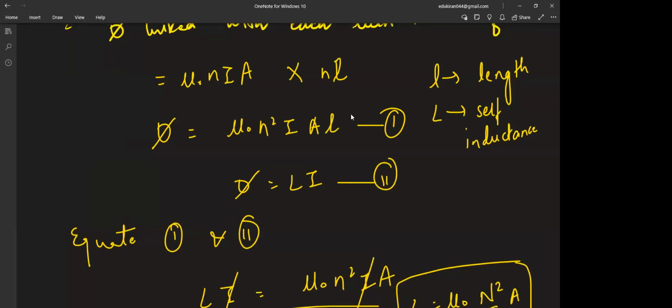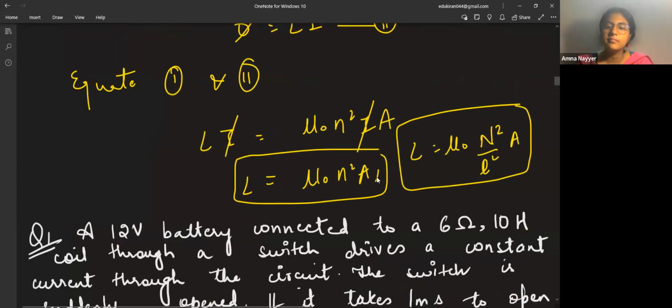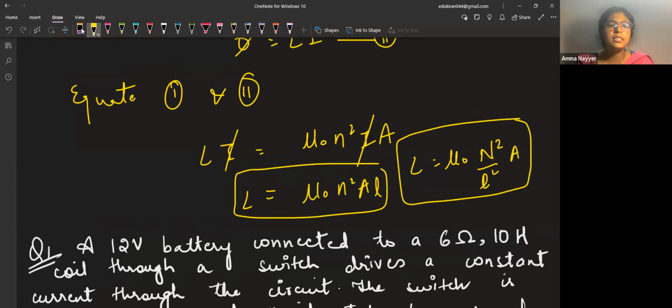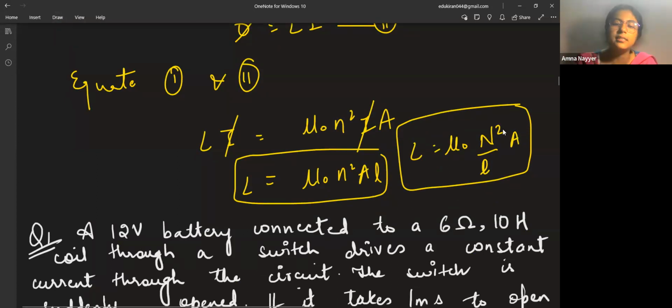See, when we talk about this length, this length will also come. So when you're writing here, you can delete it from the denominator, because l will be cancelled. n square l will remain. Yes, I missed this small l.